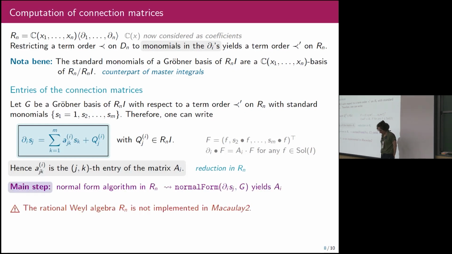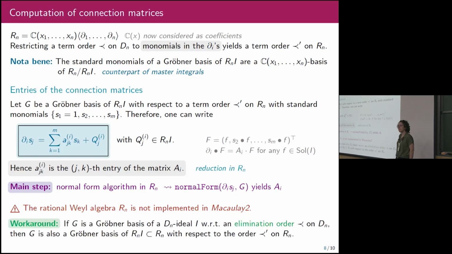And this was the main step: we needed to compute so-called normal forms in the rational Weyl algebra. But we were running into a small problem. Gröbner bases in the rational Weyl algebra were not implemented in Macaulay2, while Gröbner bases in D_n are implemented there. So the workaround that we were using is the following.